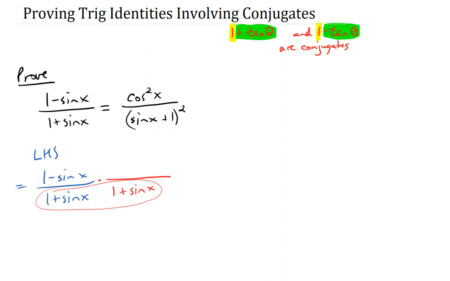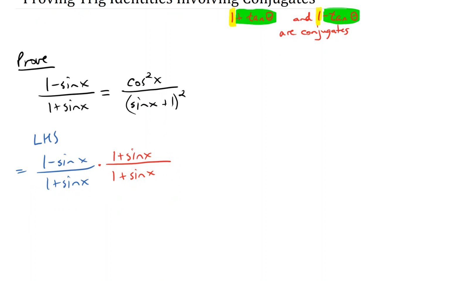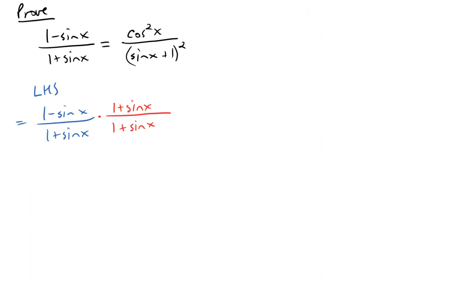Now, I can't do that without doing it to the top as well, because what I multiply by here has to equal 1, and 1 plus sine x over itself is 1. So I'm, in fact, not changing the value of the left-hand side. I'm just multiplying it by 1, but a very special form of 1. Okay? So let's see what we have.